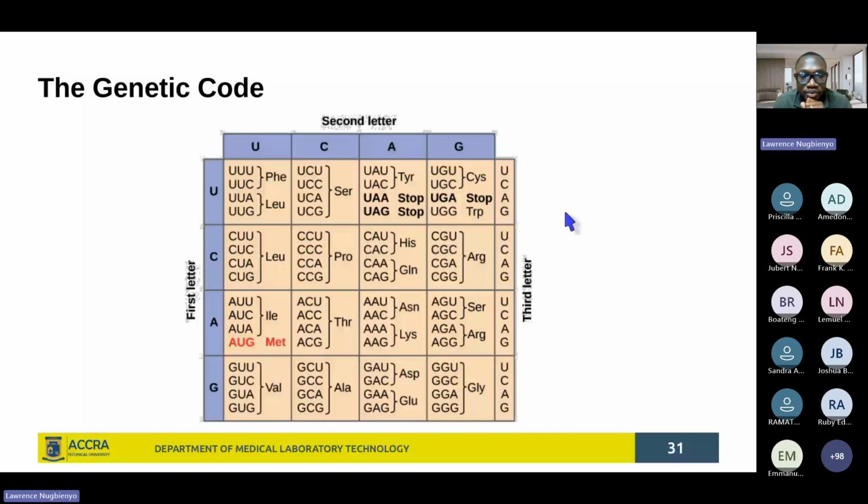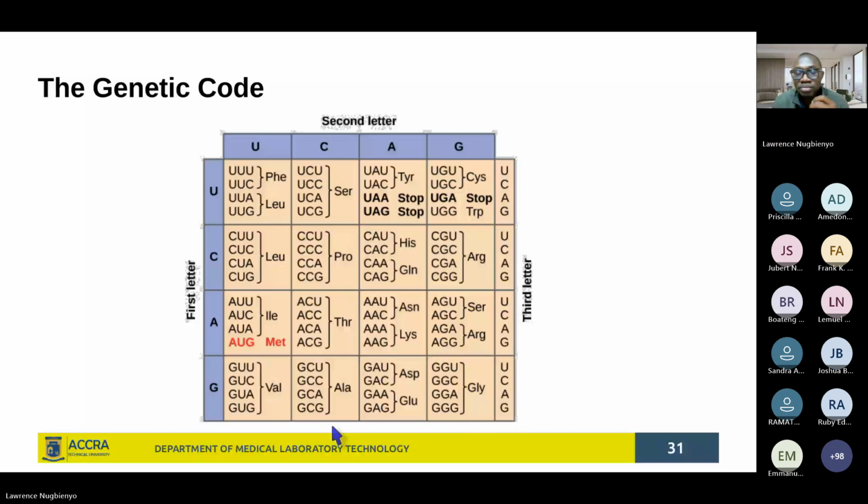Now, what we refer to as a genetic code is, you see, remember, the messenger RNA is bringing an information from the nucleus to the cytoplasm. That's a code. And what is that code? Those are nucleotides. And we have seen the nucleotides, we represent them by the first letter of the bases of those nucleotides.